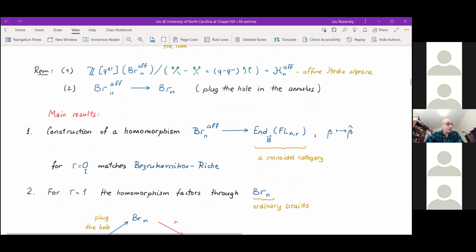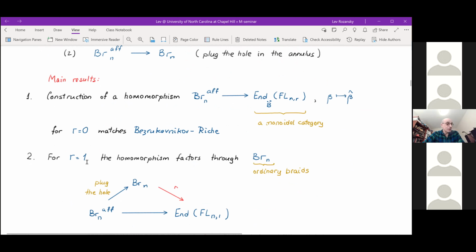In the case when R is equal to 0, the commuting variety story, it matches the Bezrukavnikov-Riche construction, where they represented the affine braid group by action on equivariant coherent sheaves over the derived Steinberg variety. When R is equal to 1 and the symplectic variety is the Hilbert scheme, we show that this homomorphism factors through ordinary braids.